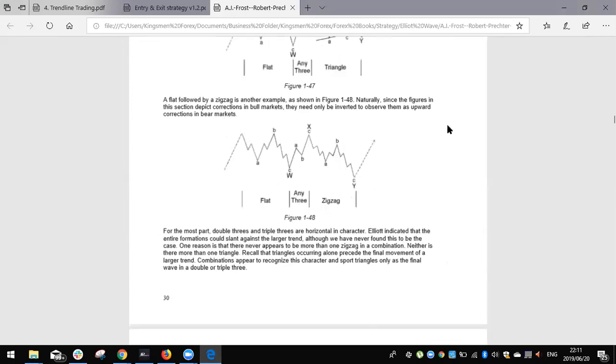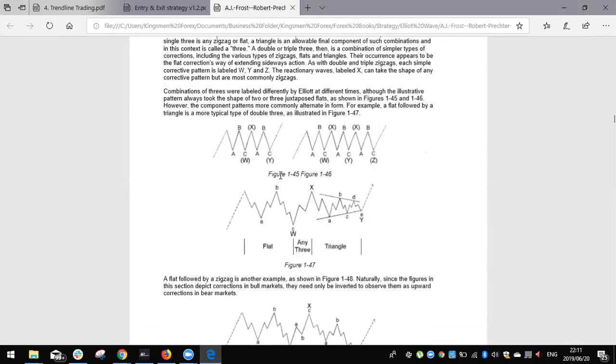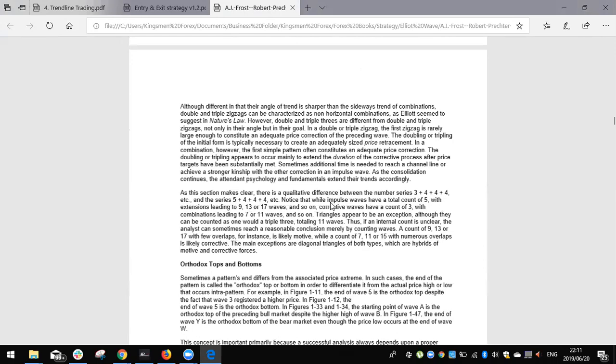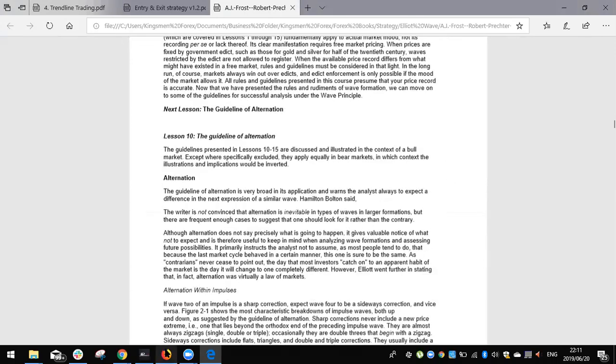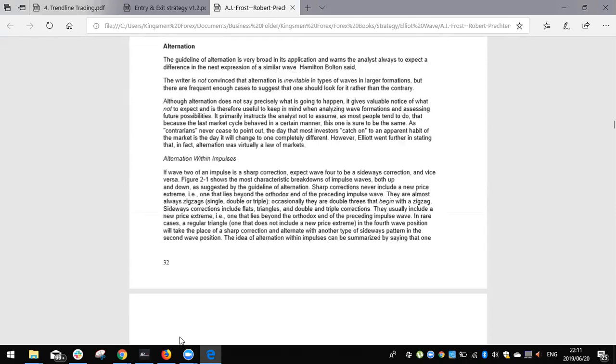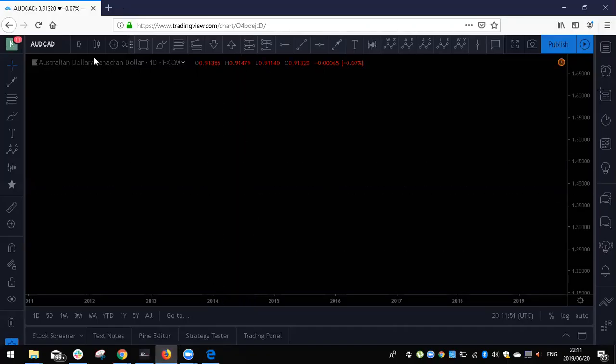The tricky part is that sometimes these corrections can form a combination. You can get an impulse and then a flat correction like this. While you're waiting for that flat correction, you see price is not moving as fast as it should.